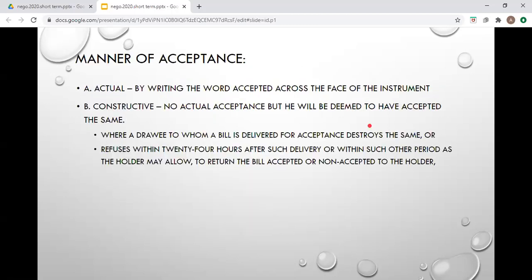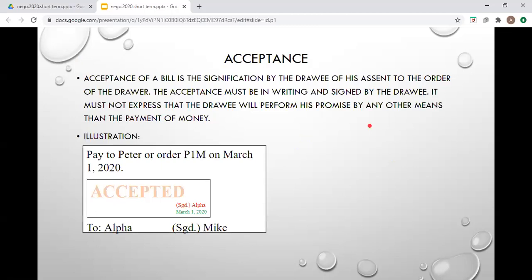And then there are ways by which you can accept that instrument. First is what we call as actual acceptance, and the other one is what we call now as constructive acceptance. And what is actual acceptance? Balikan lang natin to. Ito pala yung sinasabi ko kanina na the liability of the acceptor is according to the tenor.